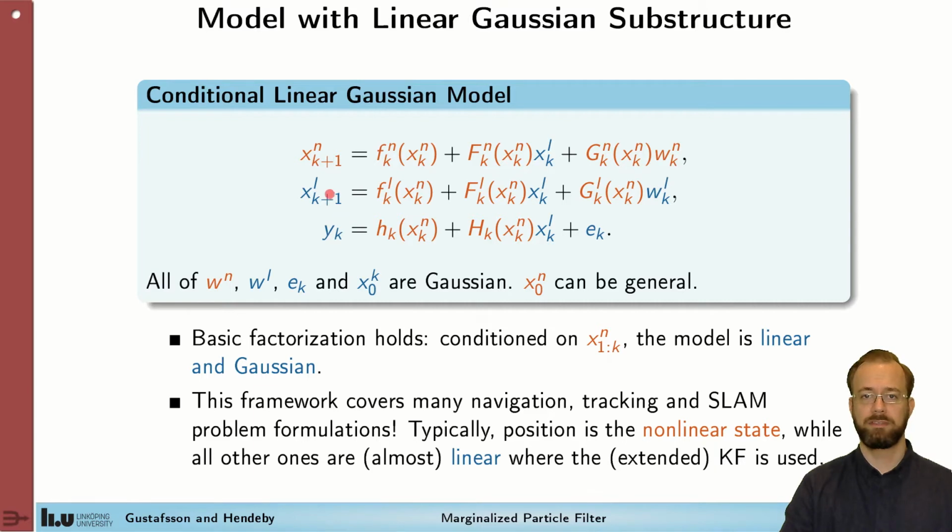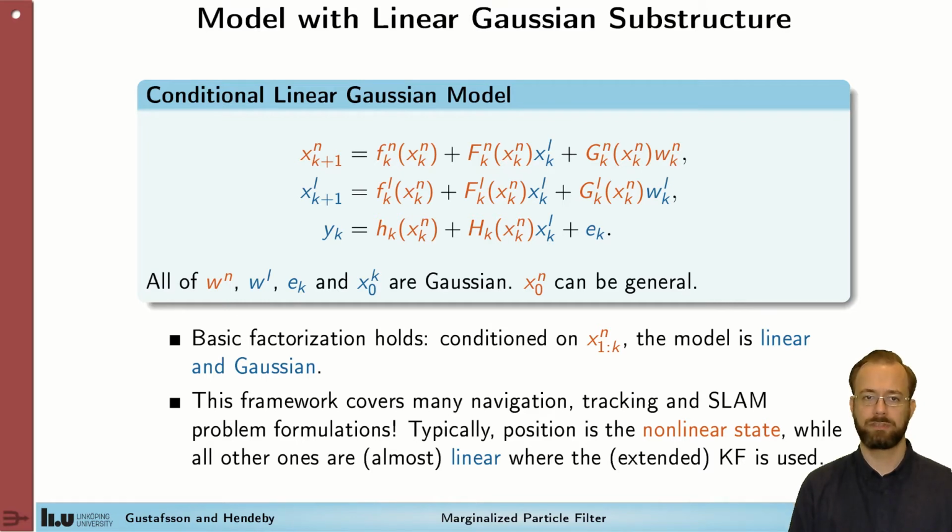And given the statistics for the blue part, the rest is actually something that we can solve fairly easily with the particle filter, and with a lower dimensional particle filter. So what we'll do from now on is to try to define this method that deals with the linear part with a Kalman filter and the nonlinear part using a particle filter.